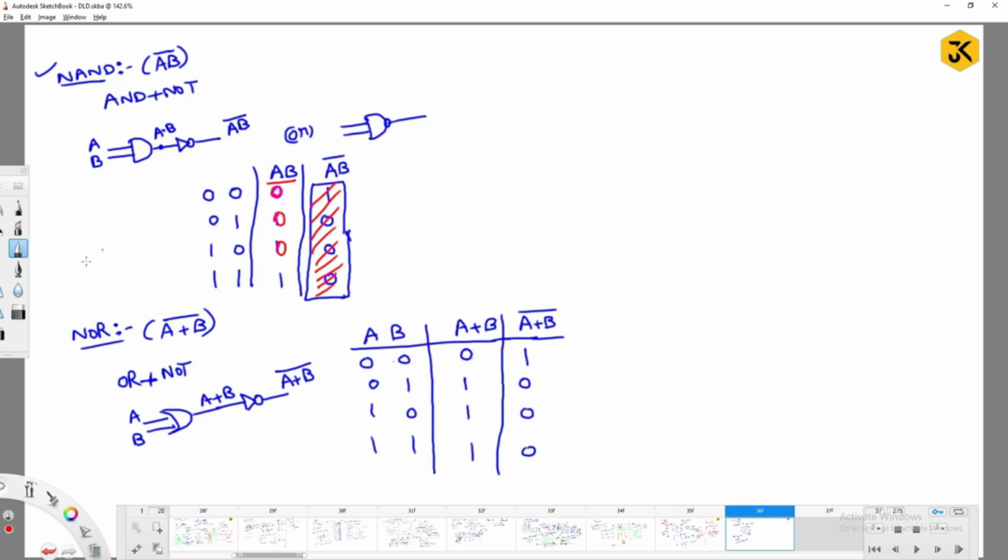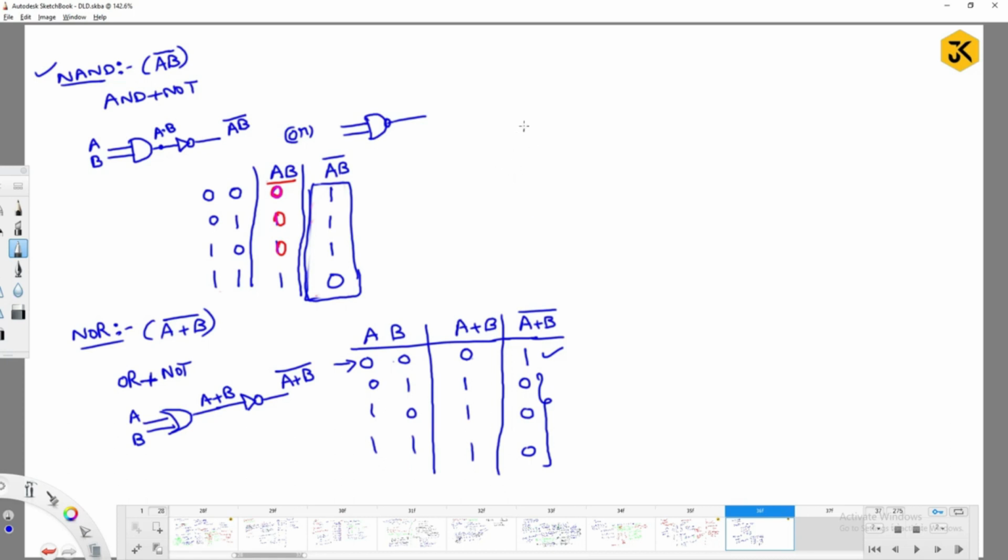So the complement of this is 1 1 1 0. When both inputs are high, our result will be low, and in all the remaining cases our output will be high. Whereas coming to NOR gate, when both inputs are low, our result will be high. In all the remaining cases, the result will be low. That is the property of NOR gate.